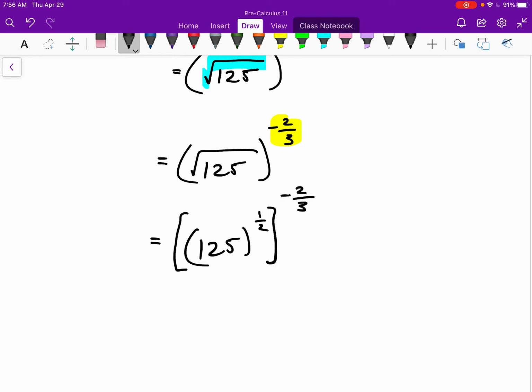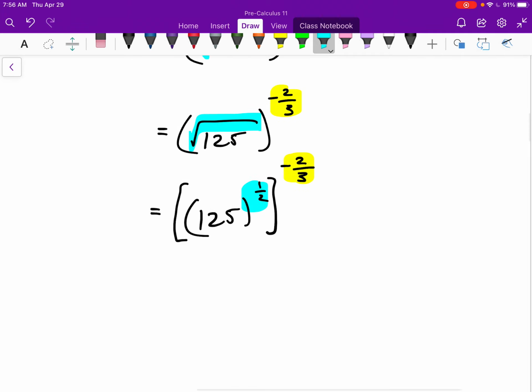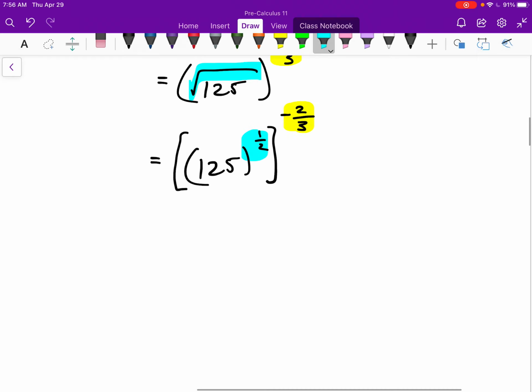All right, and hopefully you can see my rationale behind doing that, because just because we can do something doesn't mean it's going to be helpful. So the reason I'm doing this is, again, I can use that same exponent law we started with. I have a power raised to another power, so I can multiply those two powers together.